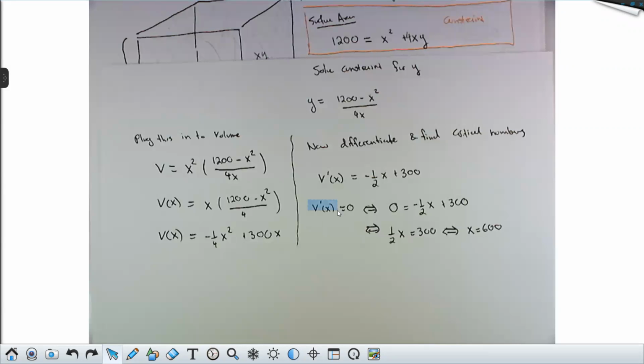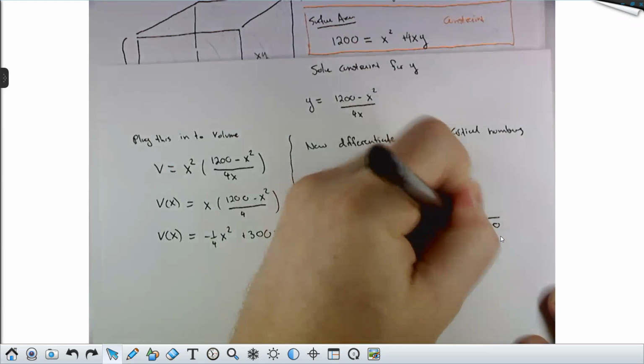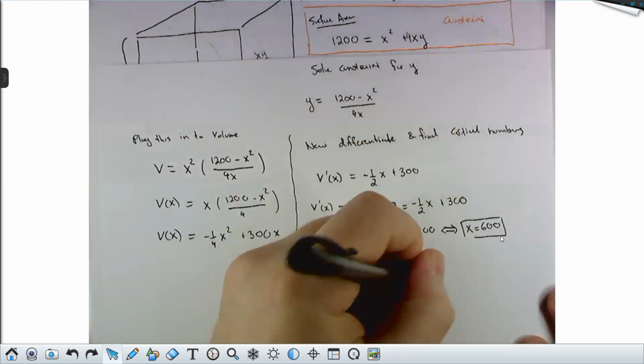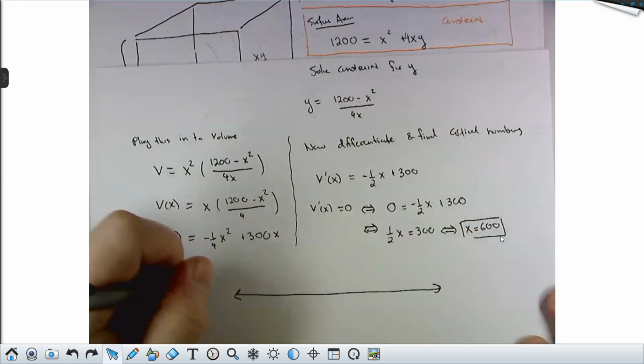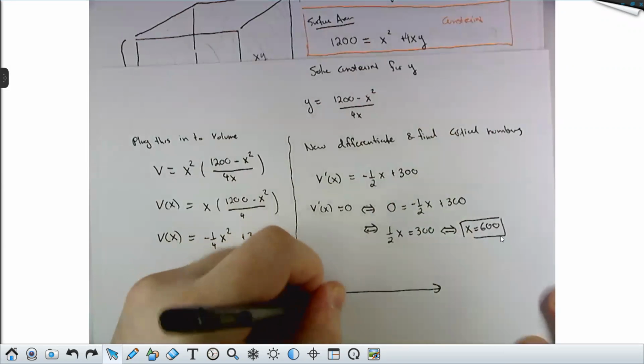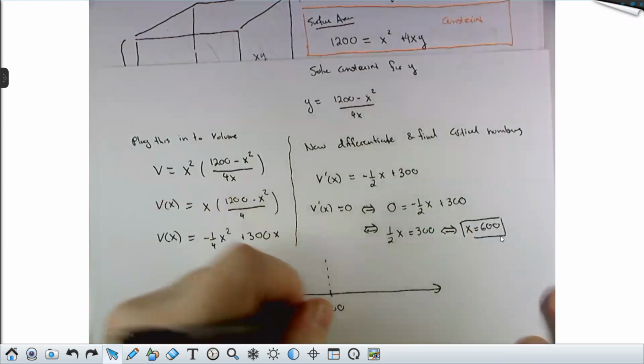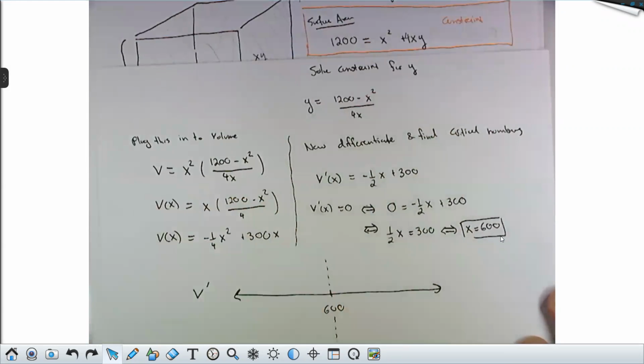So our only critical number for v, the only place where v prime is 0 or undefined, is at 600. On my number line, I just place 600 here. And I can test something to the left and something to the right.